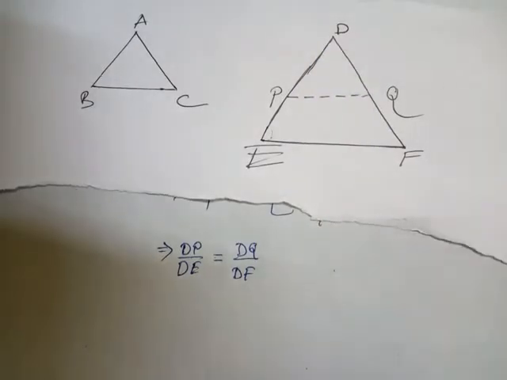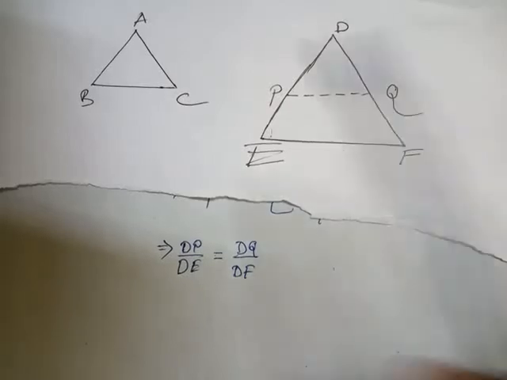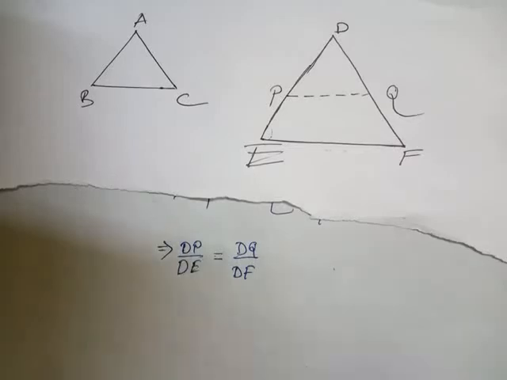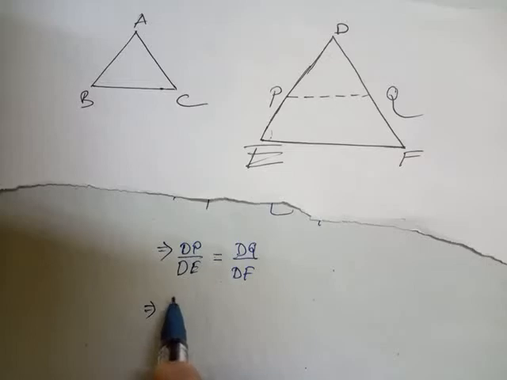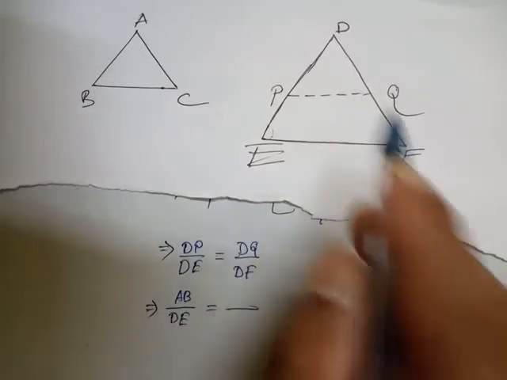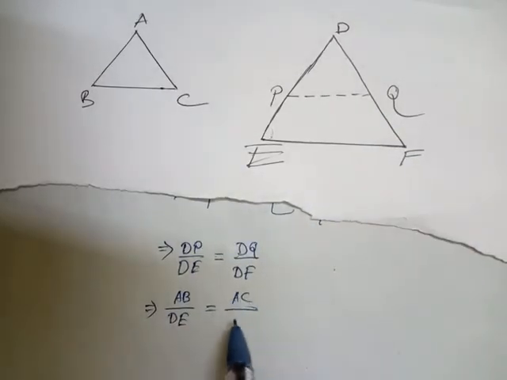Now look here, one more thing, student: in the construction AB equals DP, so in place of DP I may write AB also, and AC equals DQ, so in place of DQ I can write AC also. So in place of DP I will write AB by DE, and in place of DQ I will write AC by DF.